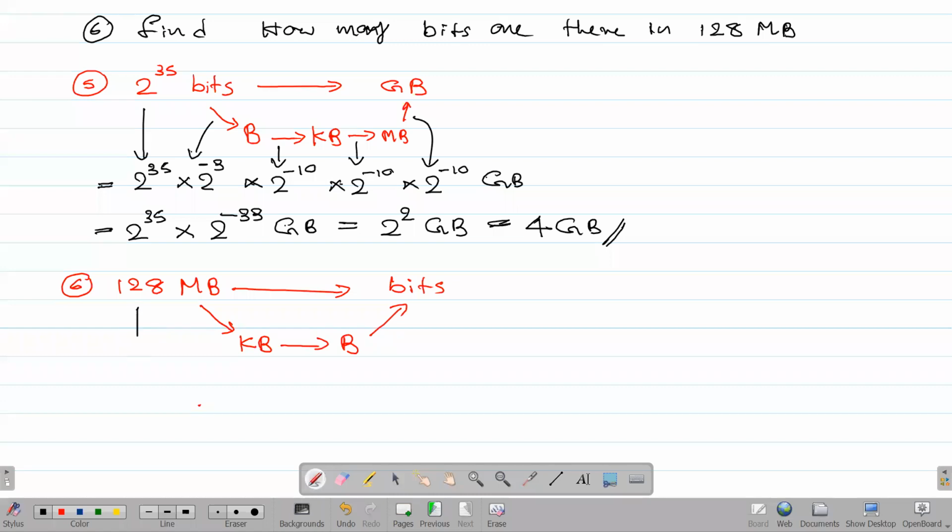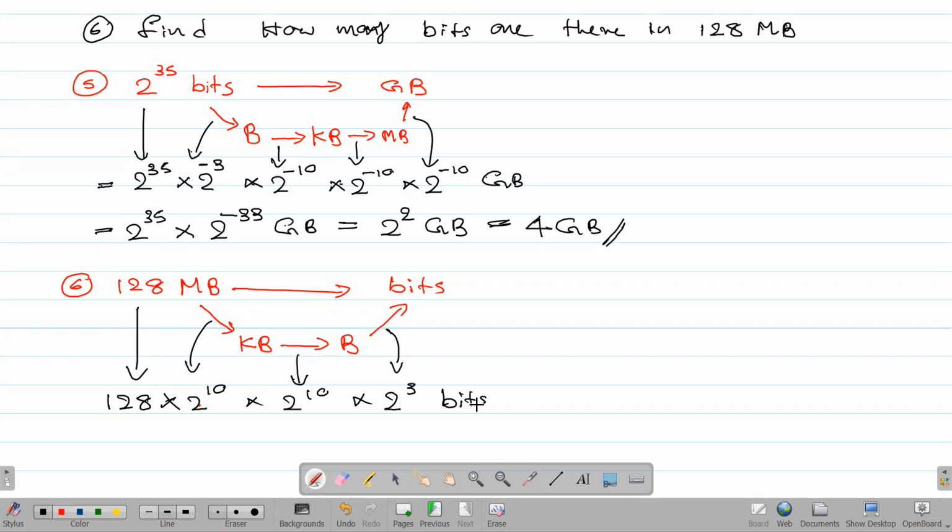So 128 can be taken as 128. Megabytes to kilobytes conversion, 2 to the power 10. Kilobytes to bytes conversion, we need 2 to the power 10. Bytes to bit conversion, we need 2 to the power 3.